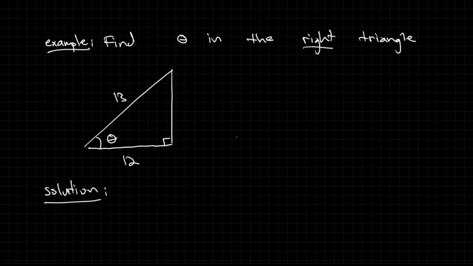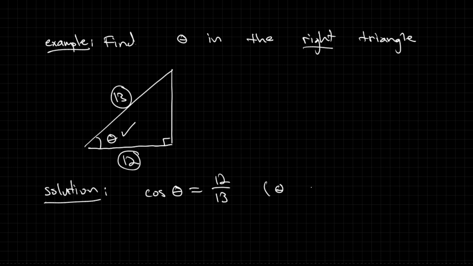I'm going to use the trigonometric function that relates my angle with the two sides that I know. In this case, I know the sides adjacent and hypotenuse, and so cosine is the trigonometric function which has the adjacent leg and the hypotenuse. So cosine of this angle theta is 12 over 13.